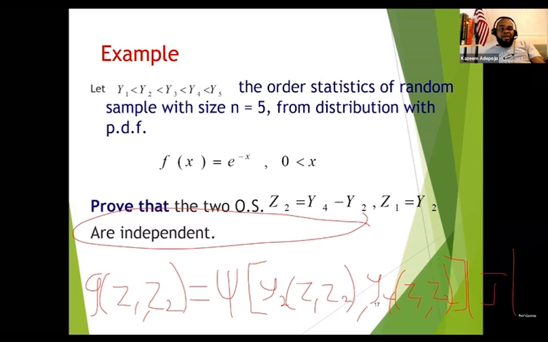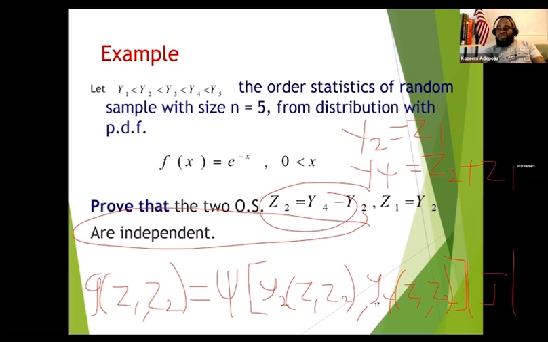If you take a look at what I have here, z1 is equal to y2, so y2 is z1, and y4 is equal to z2 plus z1.